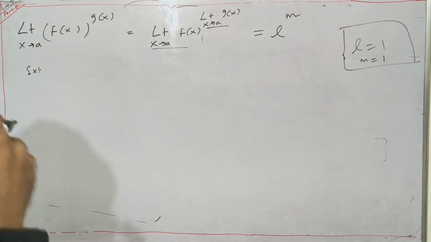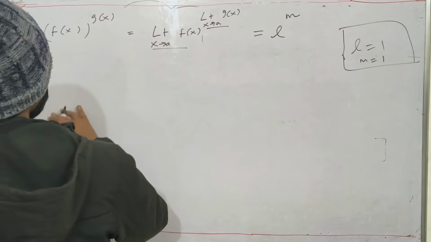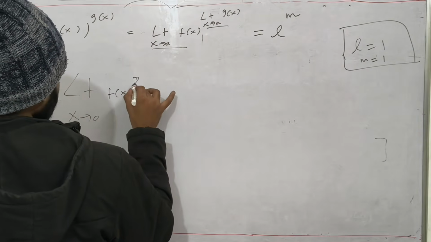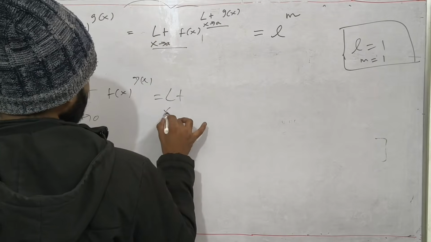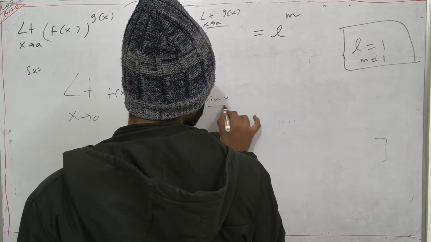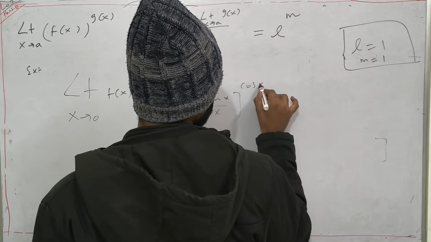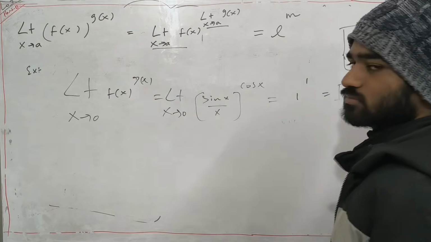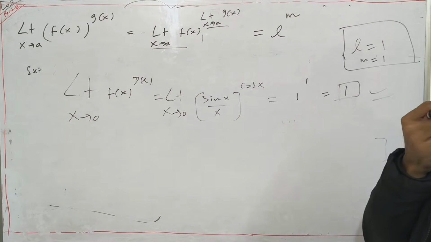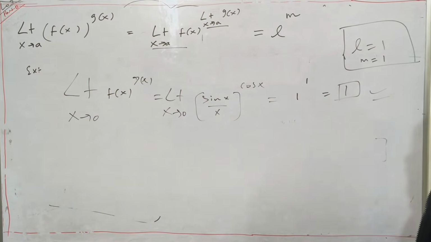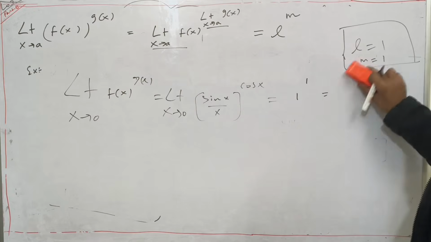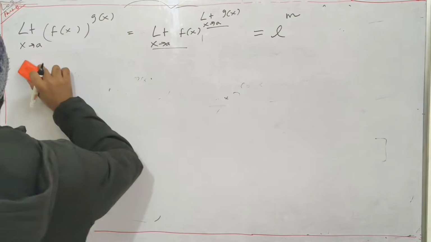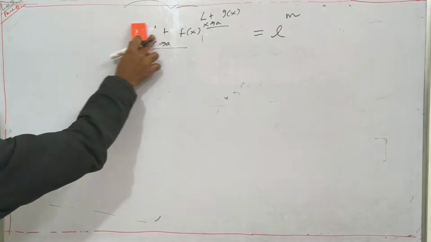Since both limits individually exist, we can find directly limit x tends to 0 of f of x to the power g of x, limit x tends to 0 of (sin x by x) power cos x, equals 1 power 1, equals 1. ठीक है, चलो. And similarly, if the individual limits don't exist, we can't use this rule.